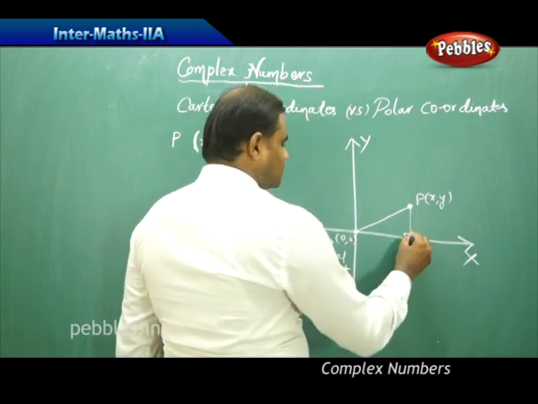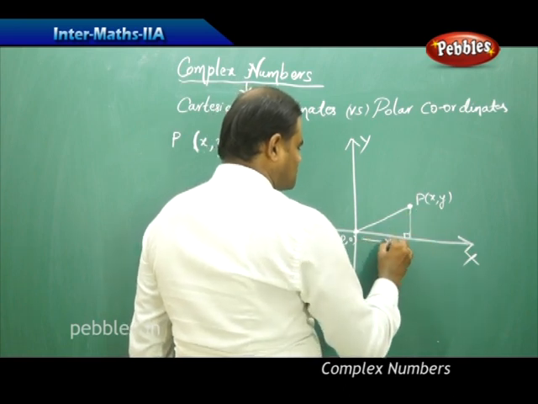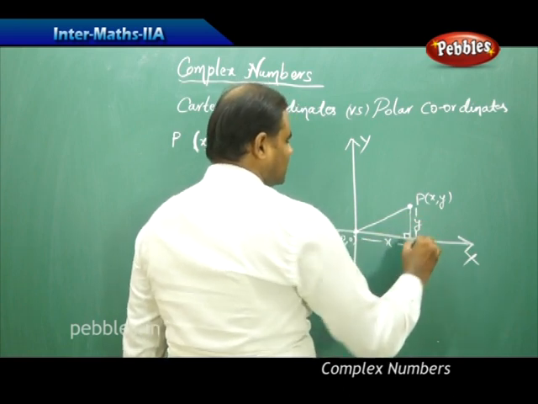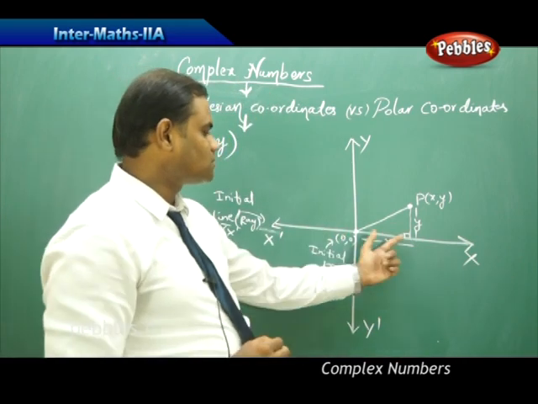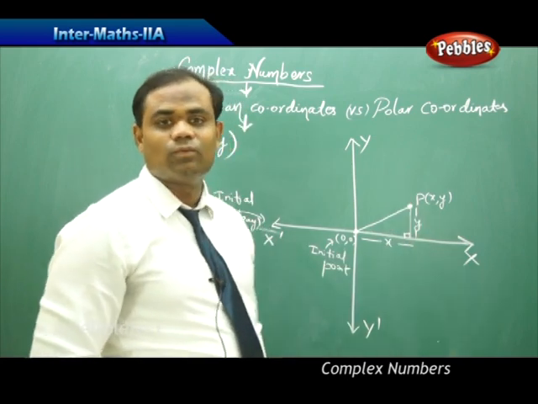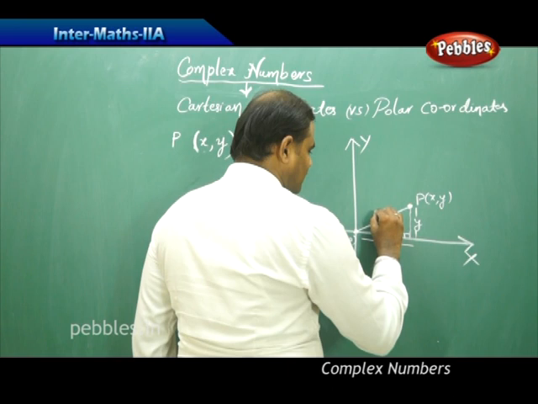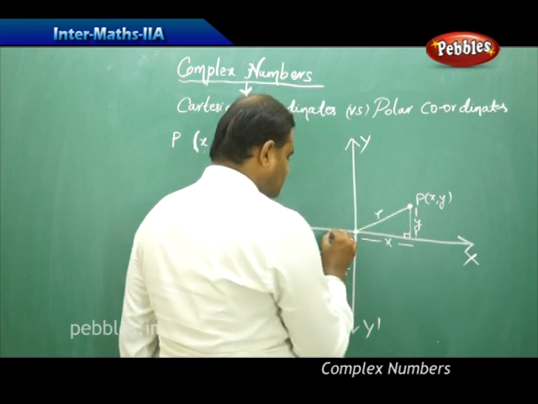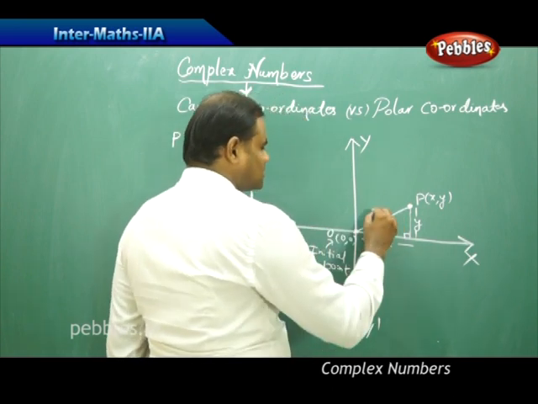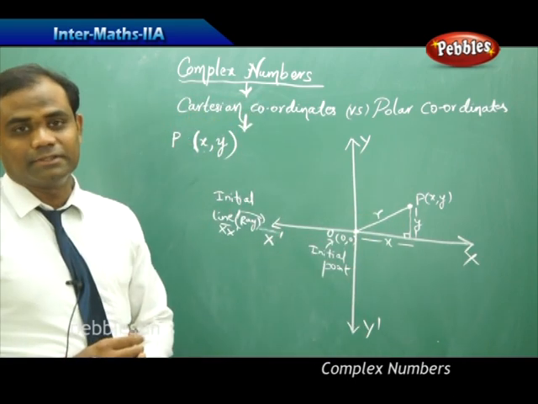If I drop a perpendicular here, I get this to be x and this as y, because P is x units from here and y units away here. Now let me take the distance OP, where I denote this with O, as some r.